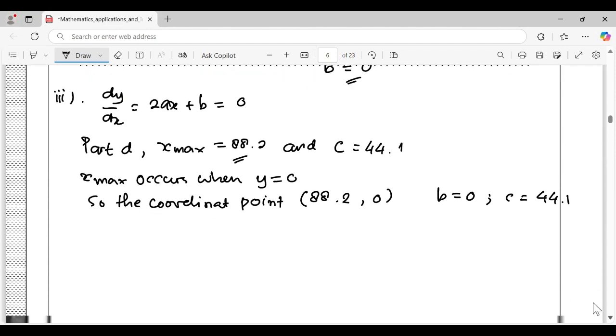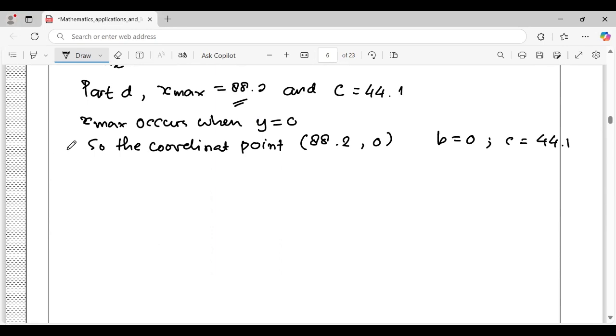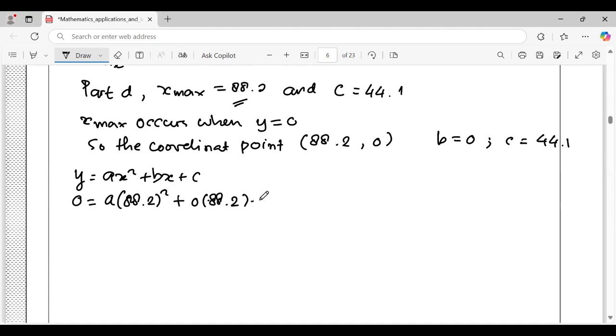Now substitute this information into the equation y equals ax squared plus bx plus c. y equals 0, and x is 88.2 squared, plus b is 0, and x is 88.2, plus c is 44.1.